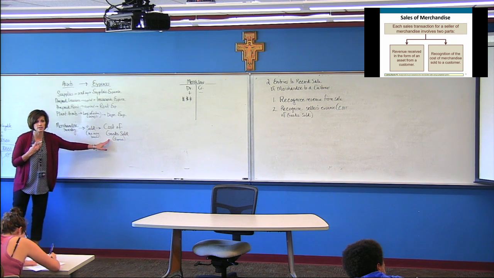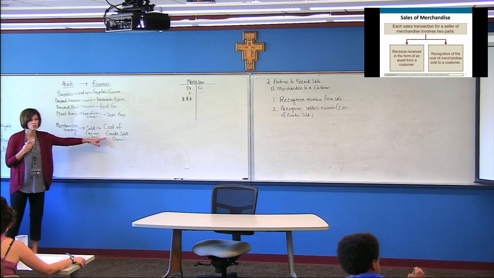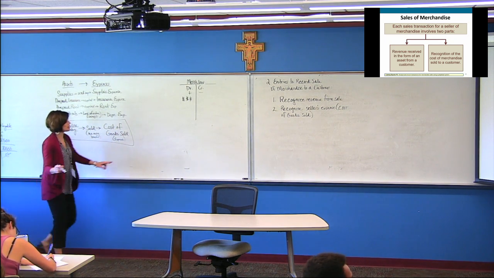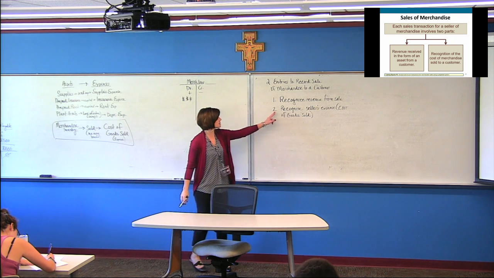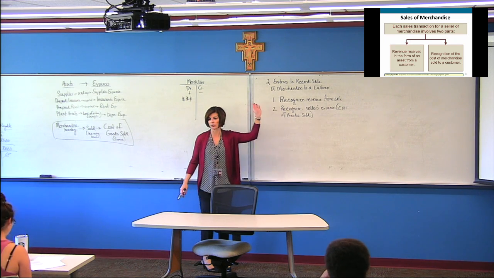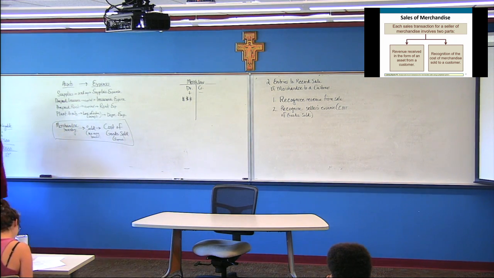I had to pay for it, so there's a cost associated with that. That's called an expense. So eventually, this is what is going to happen when I sell it. That's number 2. When I sell it to my customer, I'm going to move it from merchandise inventory to cost of goods sold. This first one, recognize revenue, you guys have done that transaction more than a dozen times. You've done it lots of times.